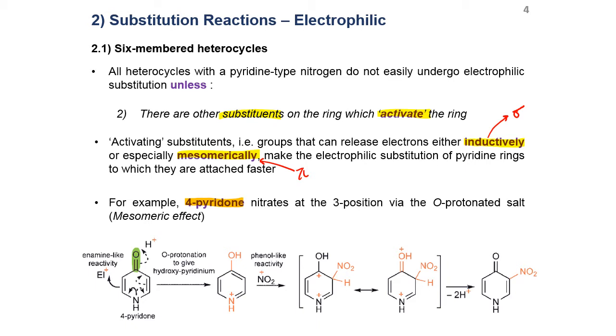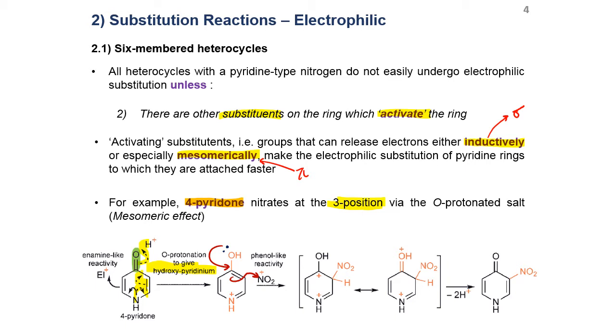So you can draw electrons from the lone pair of nitrogen here and from this double bond to here, and then the electrons are given to the proton at the oxygen, and you form the hydroxypyridinium species, which, if you look at the oxygen, has some lone pair that can delocalize into the ring and activates the ortho position to attack the nitrating agent. Therefore, you can react the 4-pyridone at the 3 position.